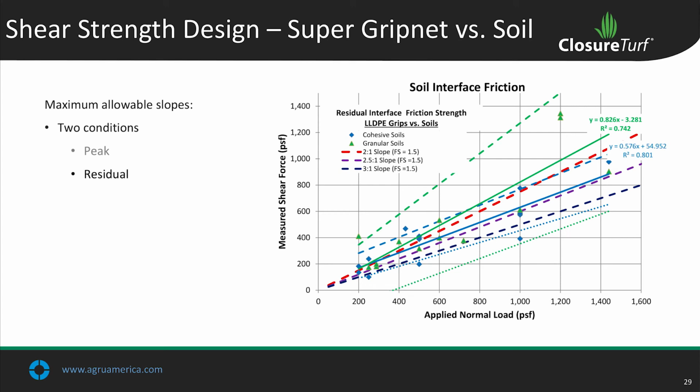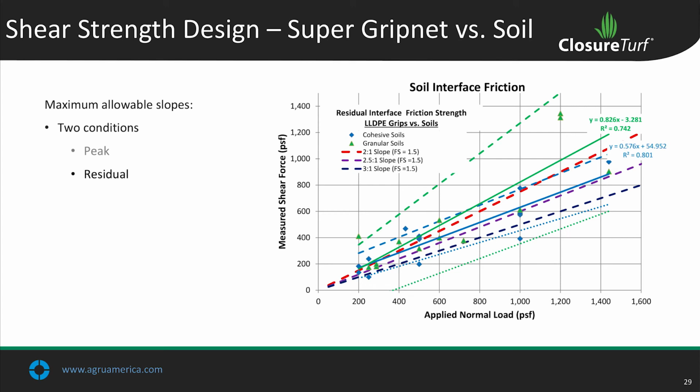Residual wise, still granular soils do a little bit better. These are still really high coefficients though, or shear coefficients. So very strong, can stay stable in all manner of conditions.